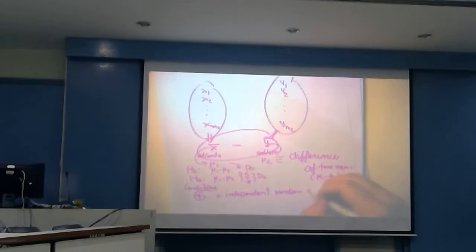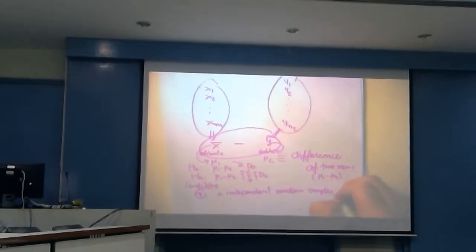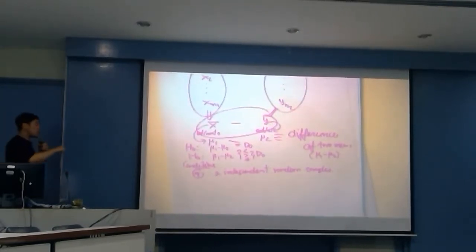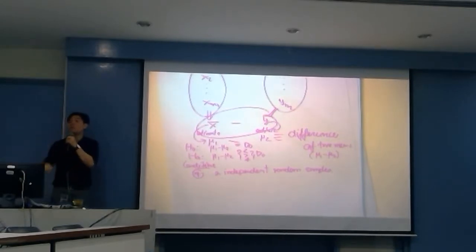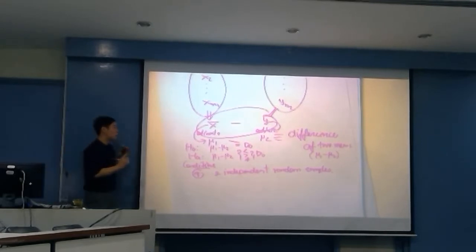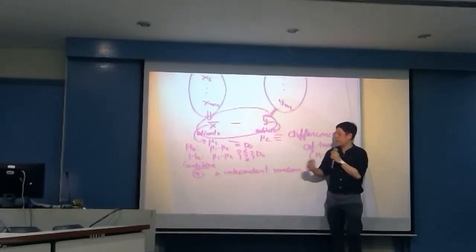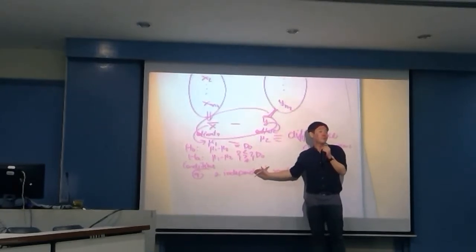Each one is random, and the first sample is independent from the other one. When you check, you have to tell me whether they are random, whether they are independent. You have to explain why they are independent also.